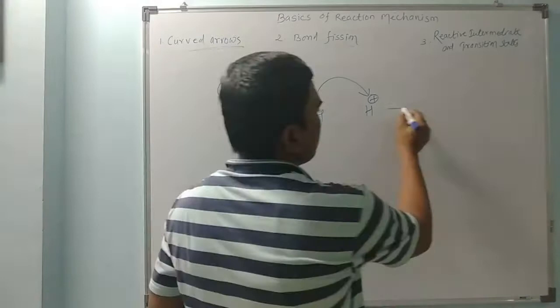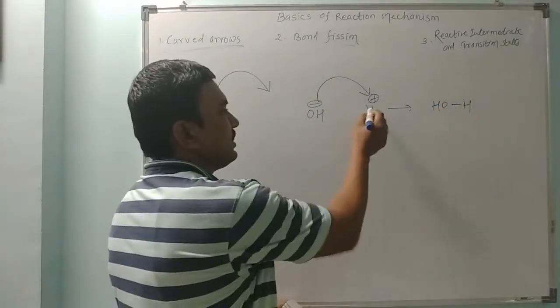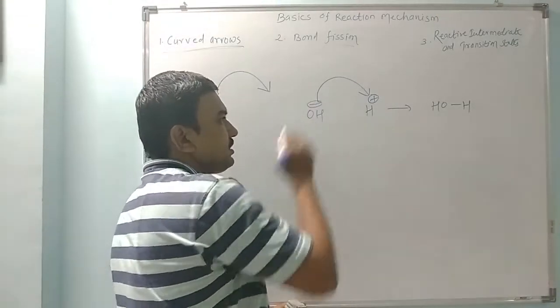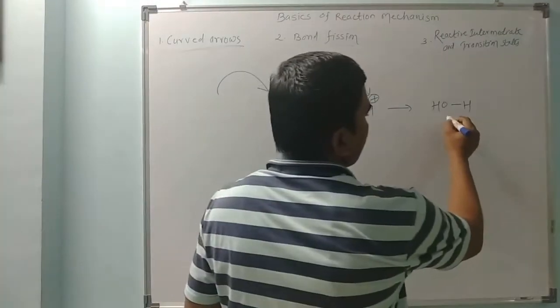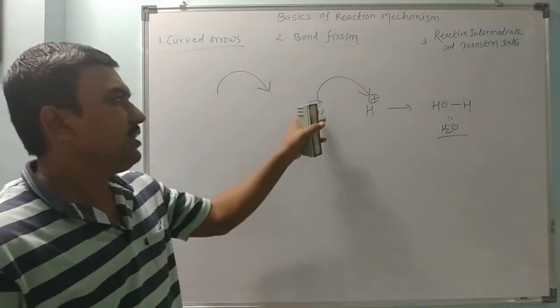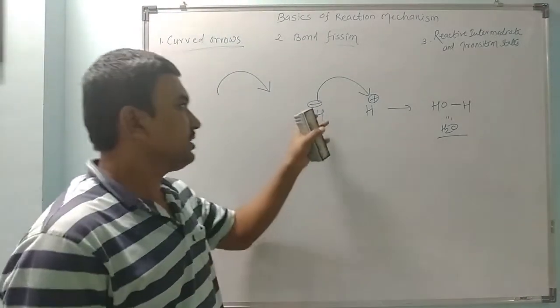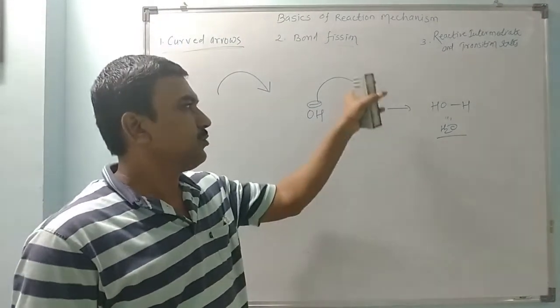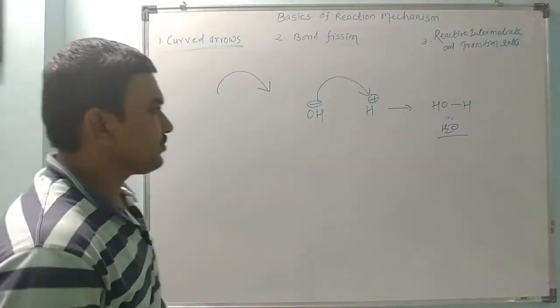So here we get bond formation between this oxygen and hydrogen. Negative charge of oxygen vanishes, positive charge of proton also vanishes. This water molecule is generated by combining hydroxide ion and proton. When the arrow starts from a negative charge, it disappears, and pointed at a positive charge, it also disappears.